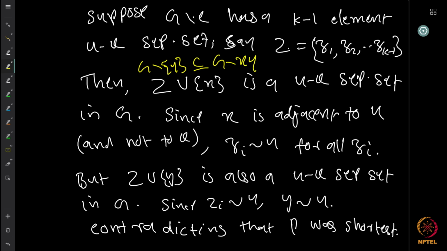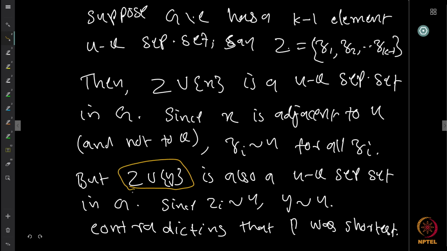Now, because this is a subgraph of G minus XY, if I remove Z1 to Zk minus 1, which is a separating set for G minus XY, then I get a UV separator for the graph G also, right? So therefore, we see that Z union Y is also a separating set for the graph G.